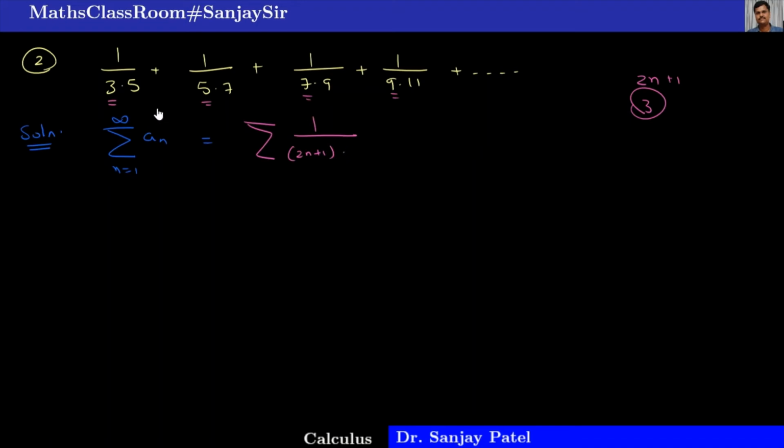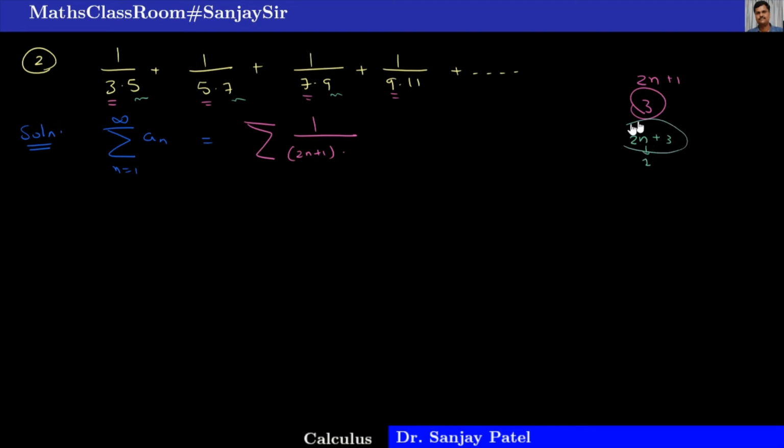for the second numbers, that is 5, 7, 9, here also the difference is 2. 5 plus 2 is 7, 7 plus 2 is 9, and so on. So it is also an arithmetic sequence with difference 2. So first we write 2 into n. Now by putting n equal to 1, we get 2 into 1, that is 2, but I want the first term here as 5, so I should add 3 to this.